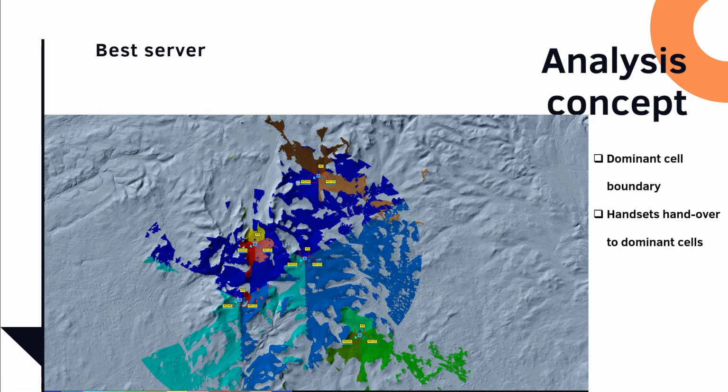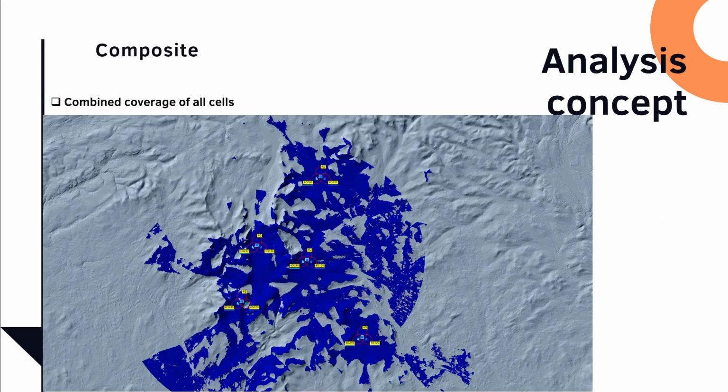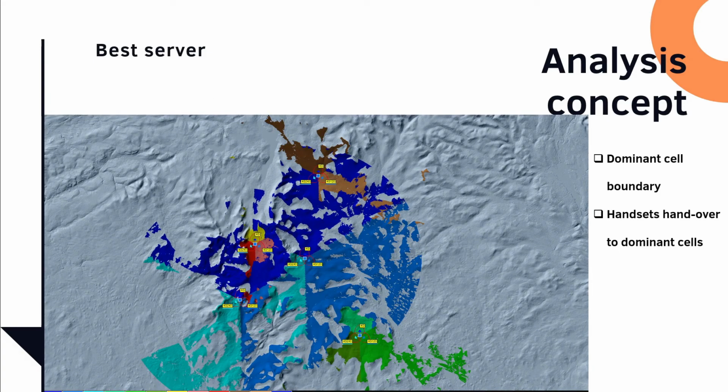Now this is what we call the best server. So best server is similar. You see it has the same footprint, but it's using more colors to encode the coverage. So here the dark brown means if a person is in that brown area, very likely they will be connected by this cell. The light brown is on the opposite side. If someone's connected to that cell, very likely they are in that area.